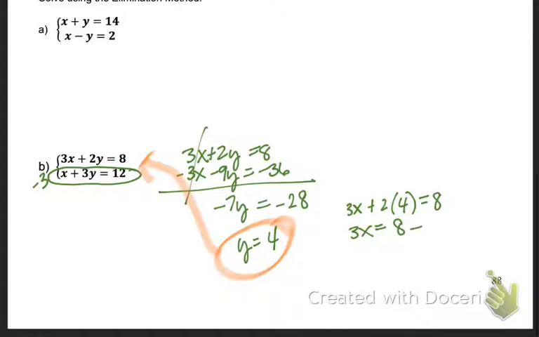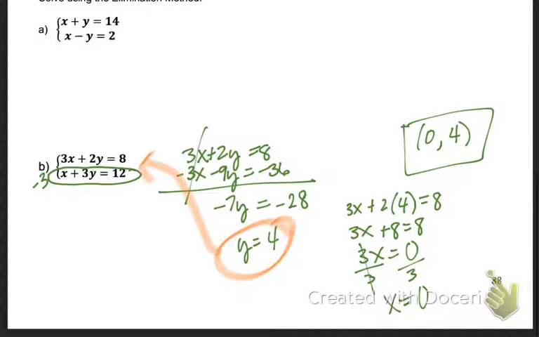So 3x plus 8, whoops. And 3x, if I subtract the 8, I end up with 0. And then I divide by 3. 0 divided by anything is just what? 0. So my final answer is (0, 4).